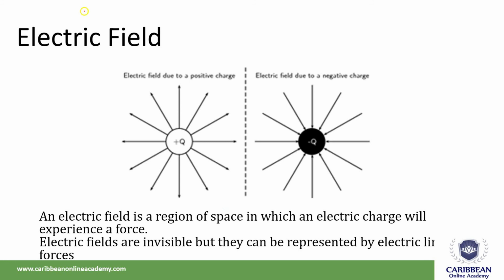So in essence, these lines represent some type of force. For a positive charge, the force would be going outwards. When you have a negative charge, the force will be going inwards. So that's what an electric field is.